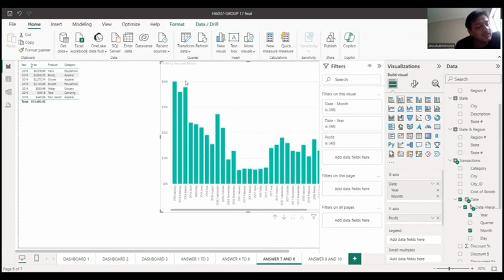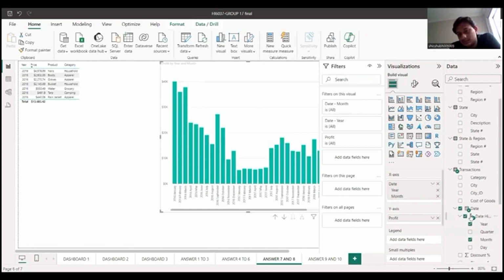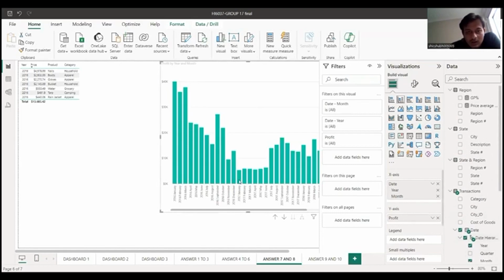Eighth question is which month had the lowest gross margin, and in which year? So I use a stacked column chart. I take year, month, and profit. So here I found that in 2017, January has the lowest profit, which is 5,333.87.